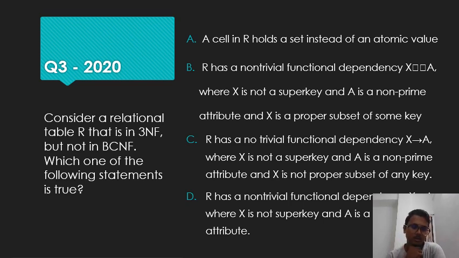Now question 3. Consider a relational table R that is in 3NF but not in BCNF. Which of the following statements are true? So here are the four statements, as we can see.